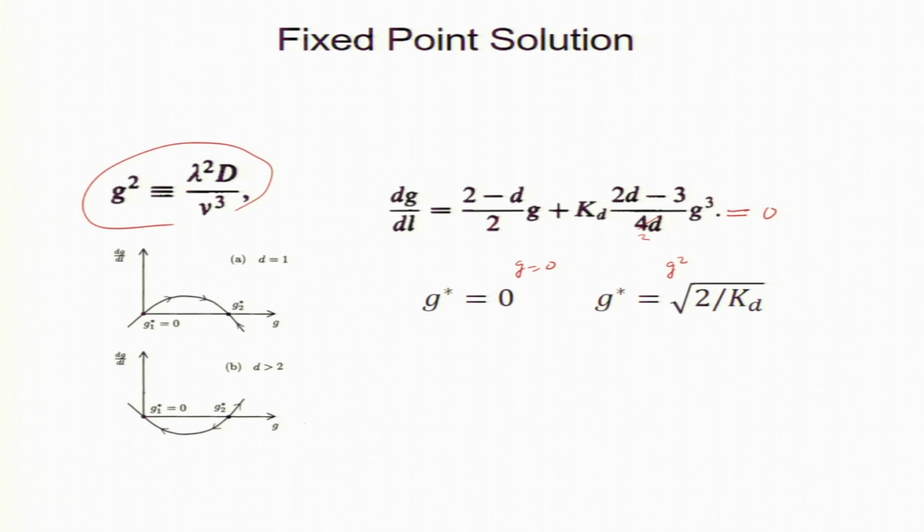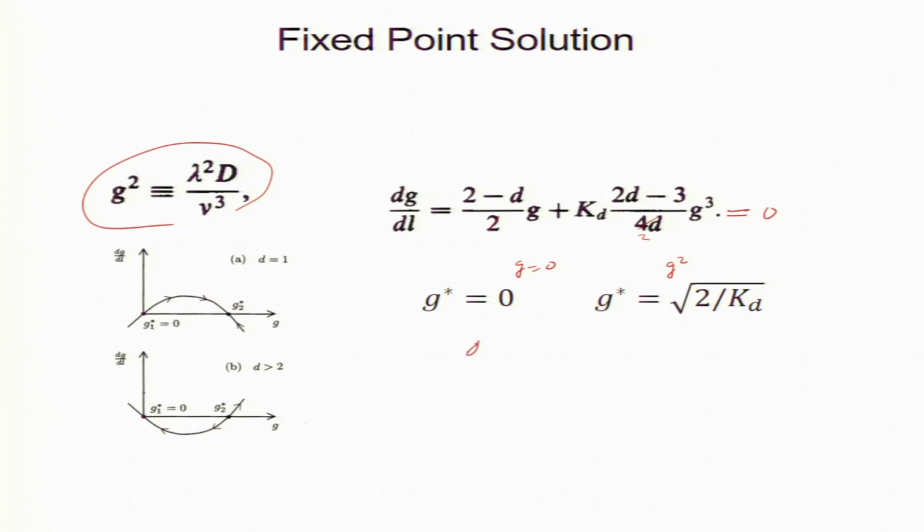Now, if I look at it graphically, it looks like this. For d equal to 1, we can do it for different d's. Now you have to see which is the stable fixed point and which is the unstable fixed point. I did it for Wilson, and I want to save time because I want to start another topic. So, how do I check whether the fixed point is stable or not? I look at the slope near the fixed point.